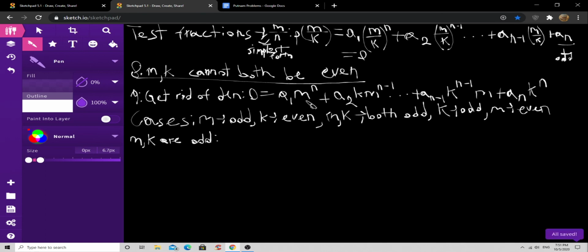So let's see what happens if they're both odd. Well, if they're both odd, we see that this term will be odd, of course. So we get an odd multiplied by an odd.